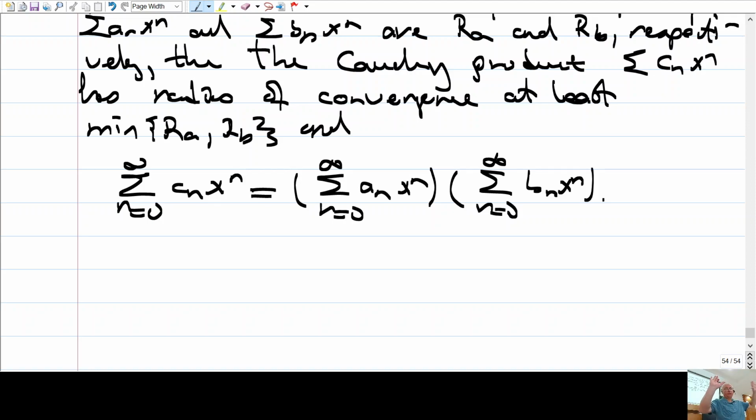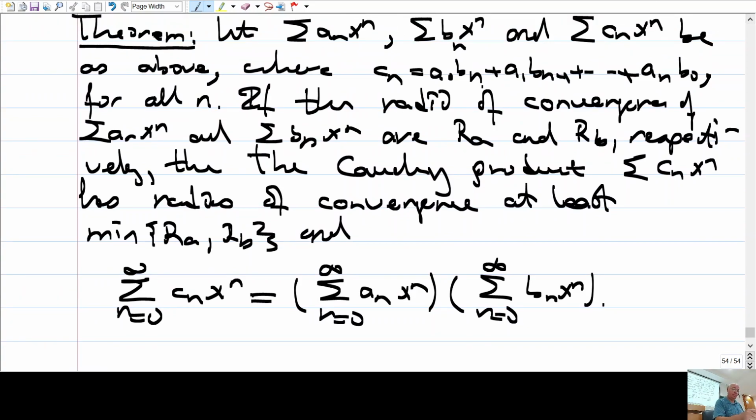So the product of two series is another series, and the coefficients of the product are computed via this formula. This is just term-wise multiplication, nothing but term-wise multiplication. I will not prove this theorem because it is difficult.